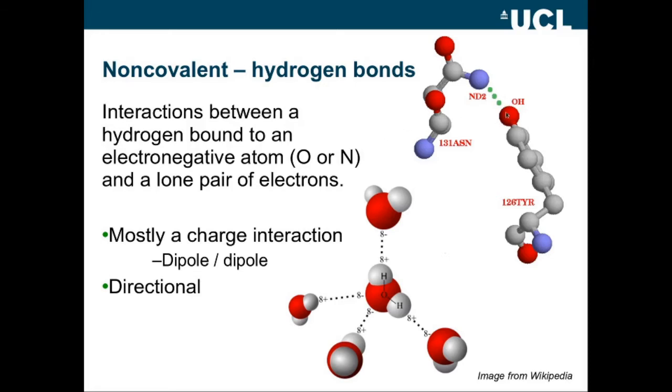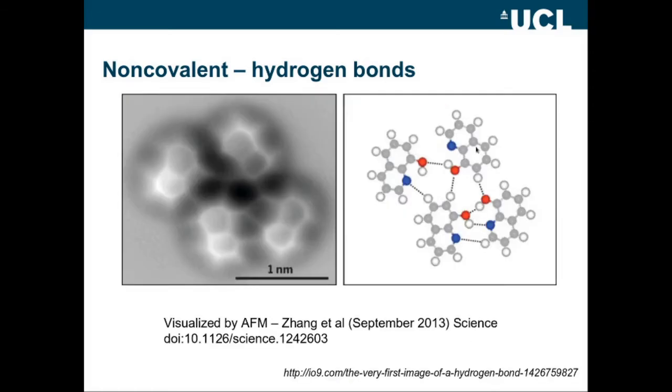Up here on the top right we have an example of a hydrogen bond occurring between an asparagine and a tyrosine in a protein. Now this is a visualization from 2013.